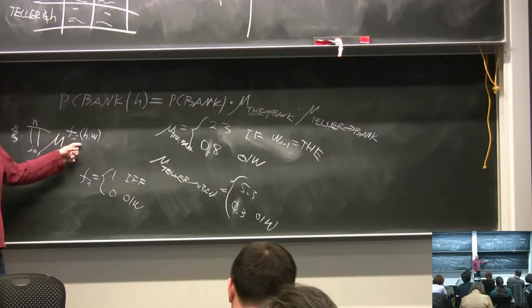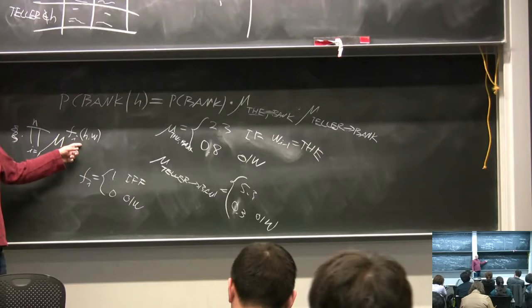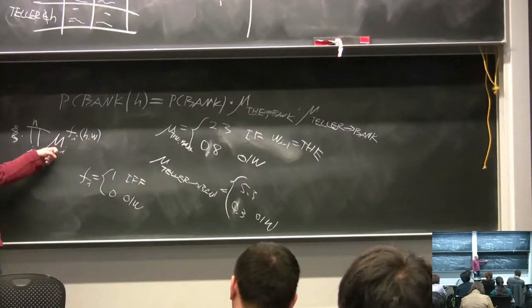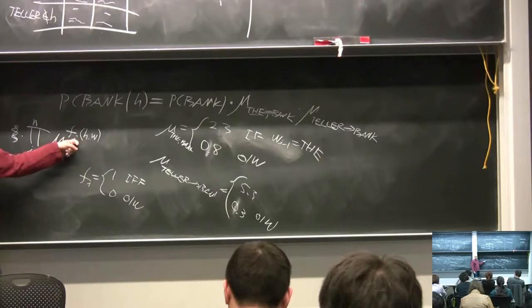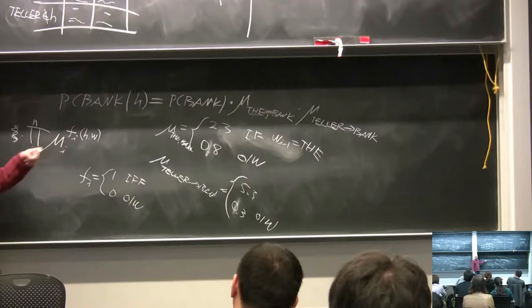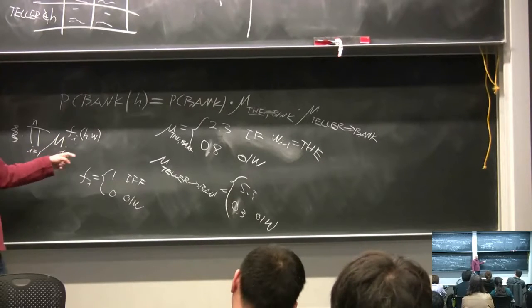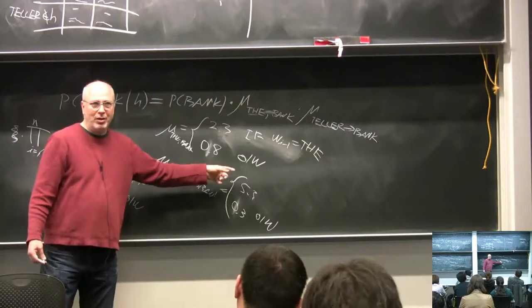So the f_i's are indicator variables. They're either 0 or 1. If they're 0, it's as if the mu_i wasn't here, because mu to the power of 0 is 1. If they're 1, the mu is there. So I'm now using the trick that there's only one mu, and it only kicks in when the feature holds.